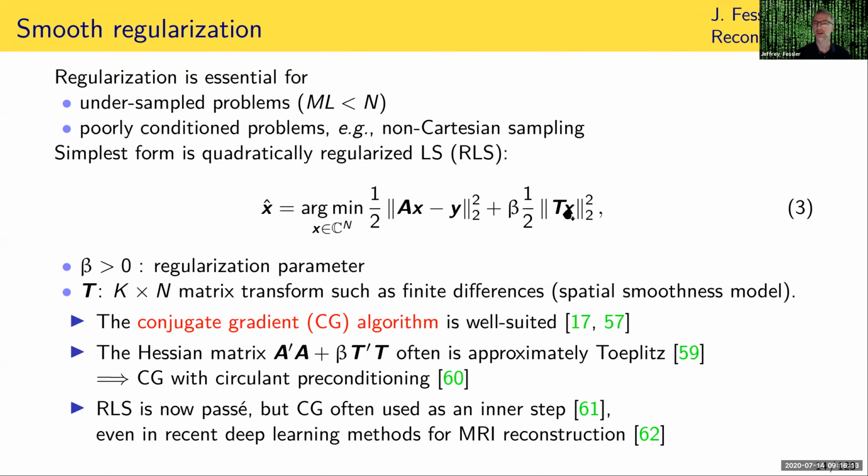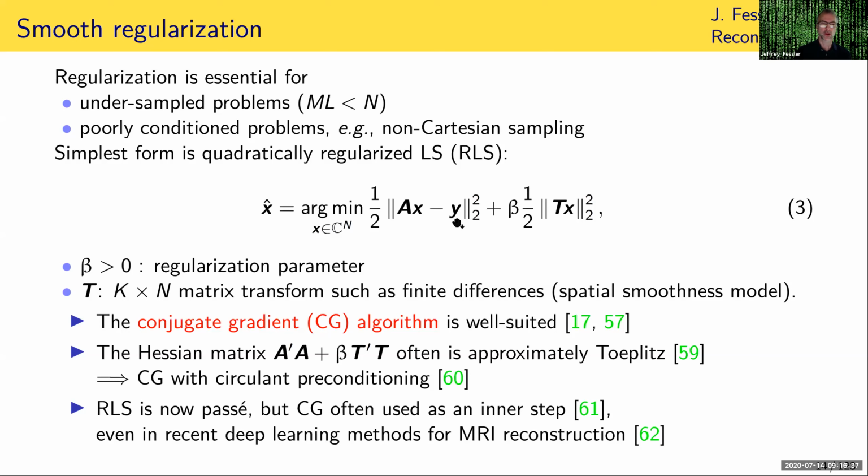So if we expect images to be smooth, for example, we could make this matrix T a finite difference matrix that looks at the differences between neighboring pixels. If we don't put such a regularizer there, then we will just be fitting the data. The data has noise and we get very noisy, very irregular images. This term can encourage neighboring pixels to be similar and we will avoid having so much noise.